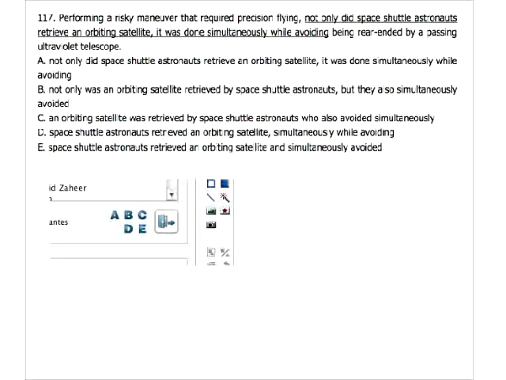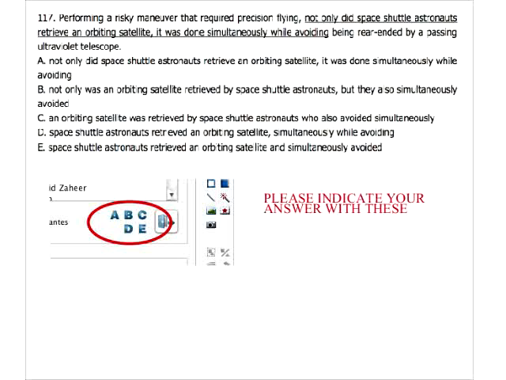You should see these choices A, B, C, D, and E. Those are right here. Please do not indicate your answer in the text box. Please indicate your answer with these polling buttons. Thank you. Okay, here's a timer. Go for it.